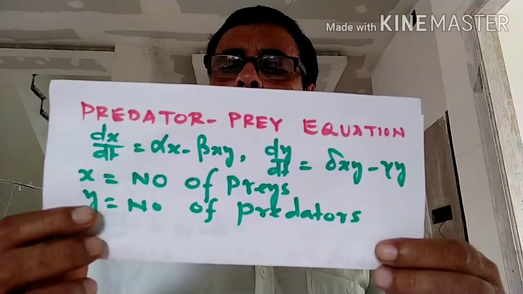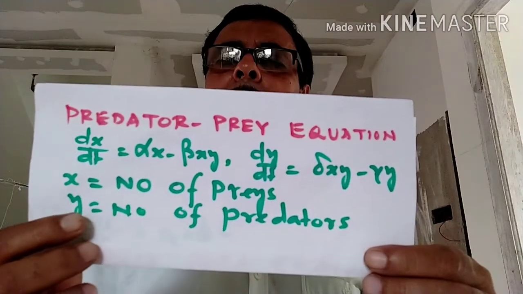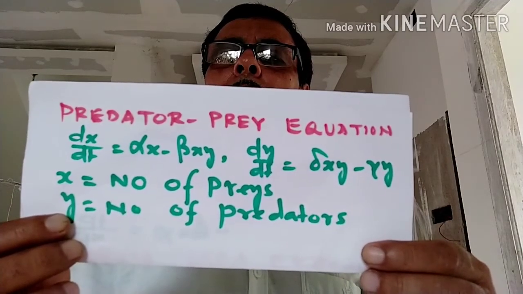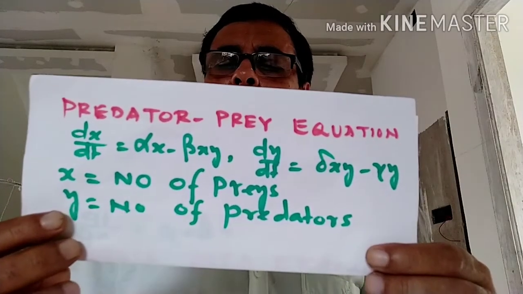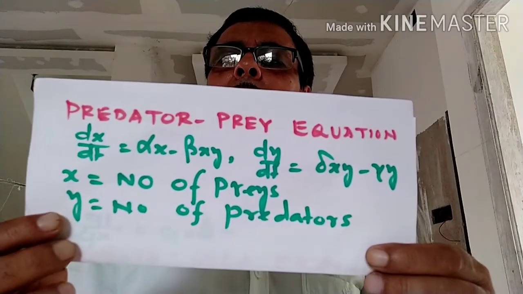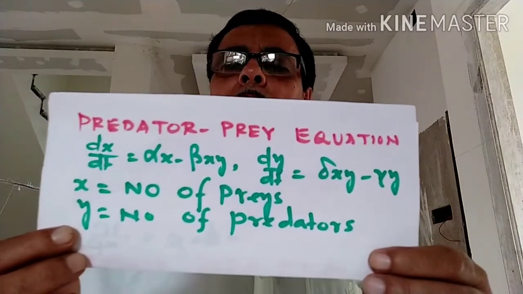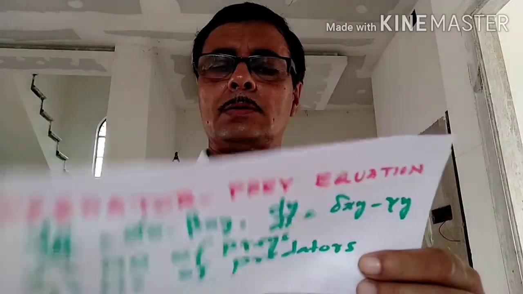The equations are dx/dt equal to alpha x minus beta xy, dy/dt equal to delta xy minus gamma y, where x is the number of prey, y is the number of predators, and alpha, beta, gamma, delta are 4 parameters. So these are the differential equations which are used in biology.